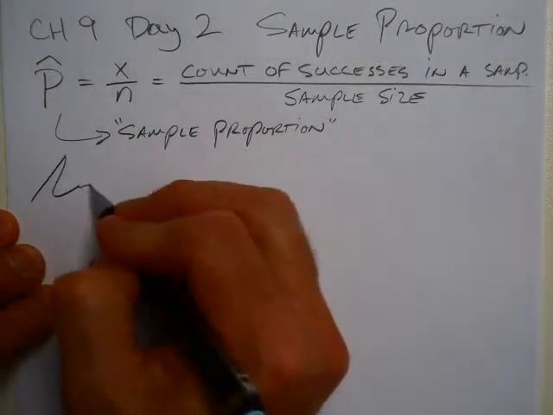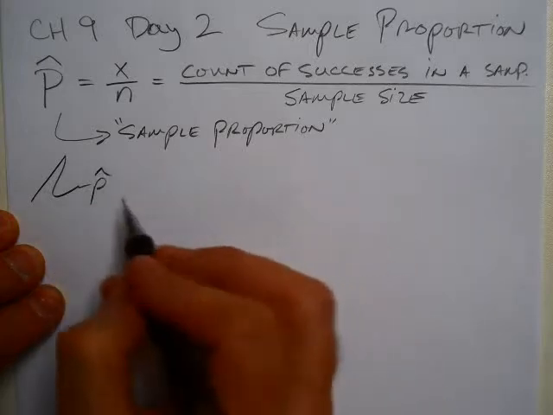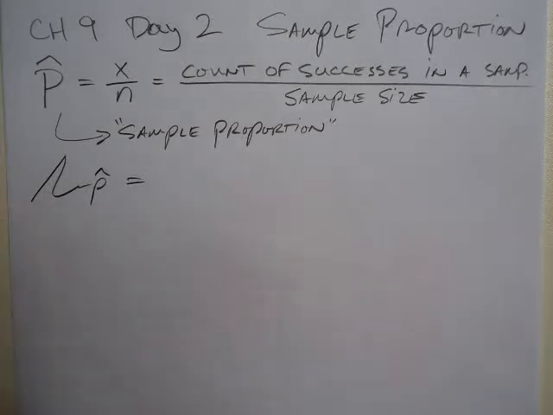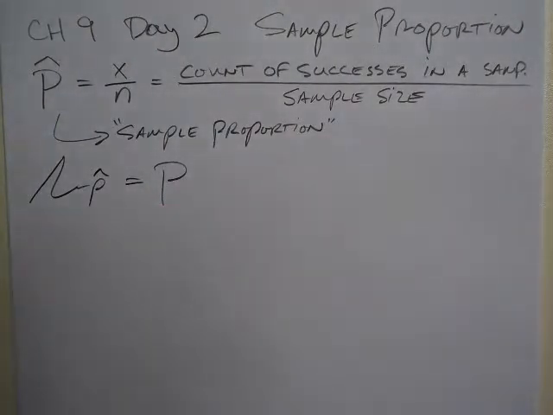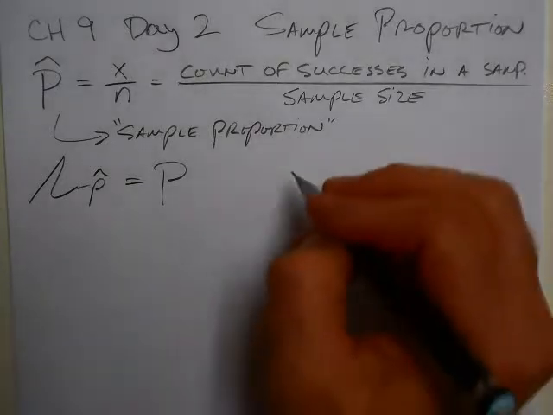Now, there's a mu of p hat. This is the easiest mu there is in all of stats that I know of. It's just p. What's p? P is the population proportion.